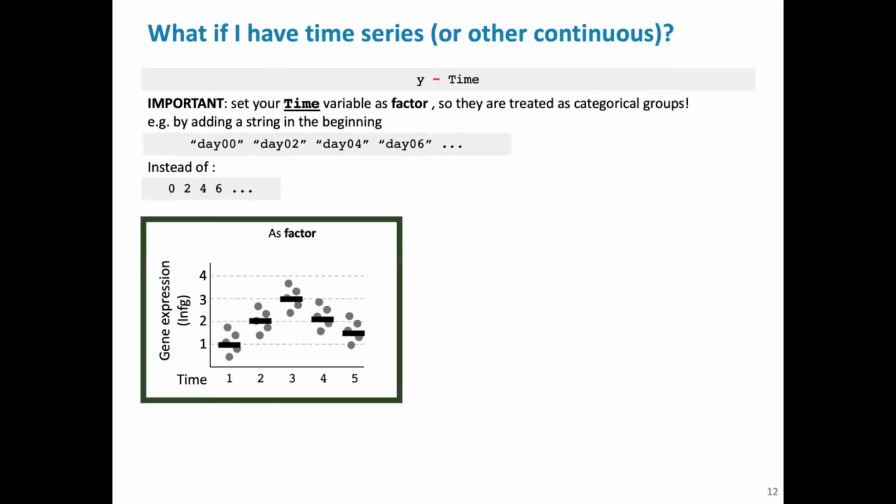What if I now have a time series? And I saw that many of you already have that kind of data. So now it's important to set time as a factor, unless you really want to know whether the time and the gene expression follow a correlation or will follow a kind of trend.